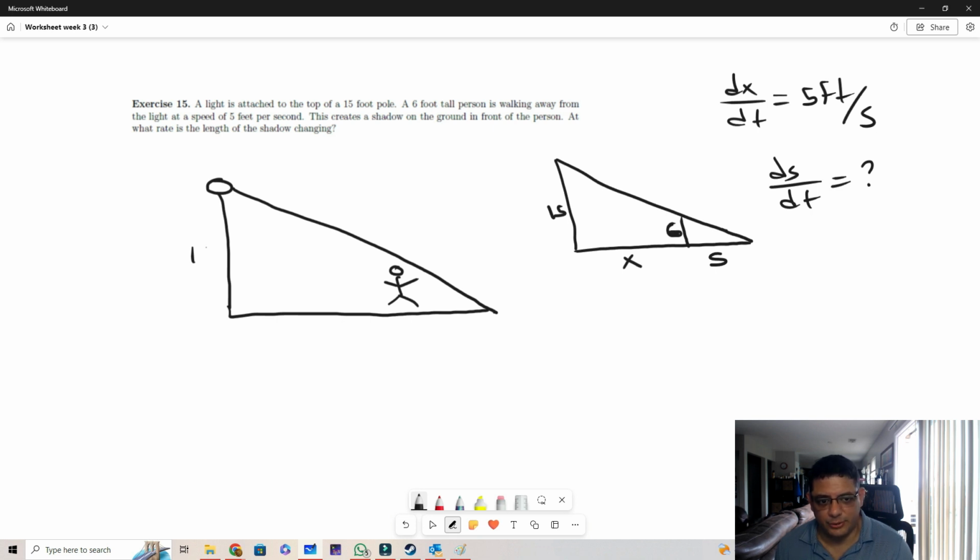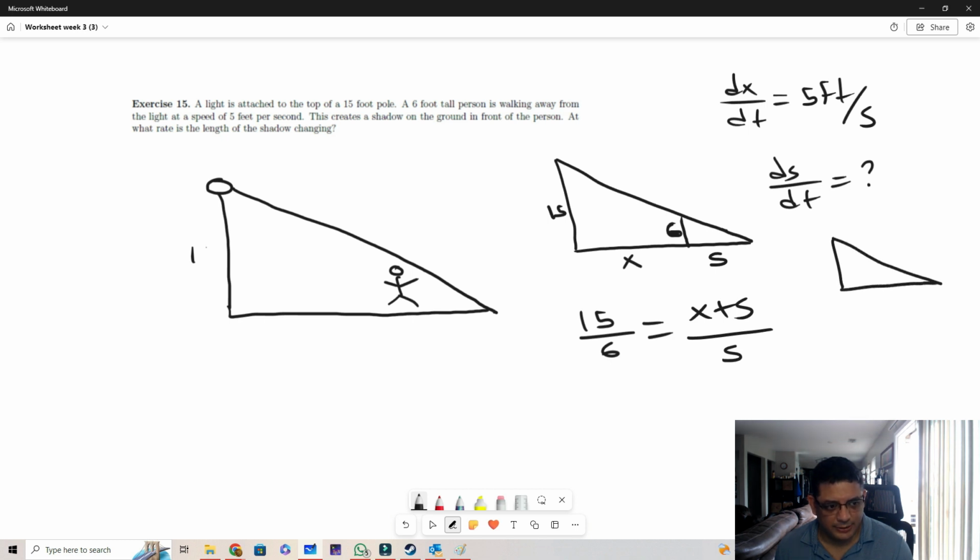We have some relationships here in terms of the triangles. By similarity of triangles, I have that 15 is to 6 in the same way that x plus s, so the big one, x plus s is this whole distance, is going to be to s. So we're doing similarity of triangles between the big triangle that has 15 and x plus s length, and the small triangle that has 6 and s.